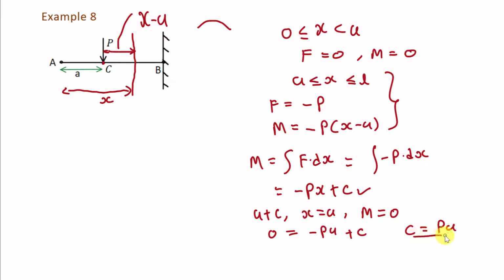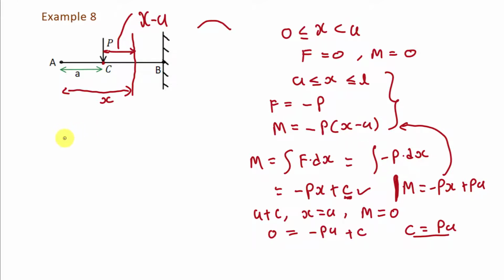And if we put the value of C at this place, finally we will get bending moment M is equal to minus Px plus Pa. And if we take minus P common from this equation, then we will get bending moment M is equal to minus P into bracket x minus a, correct?